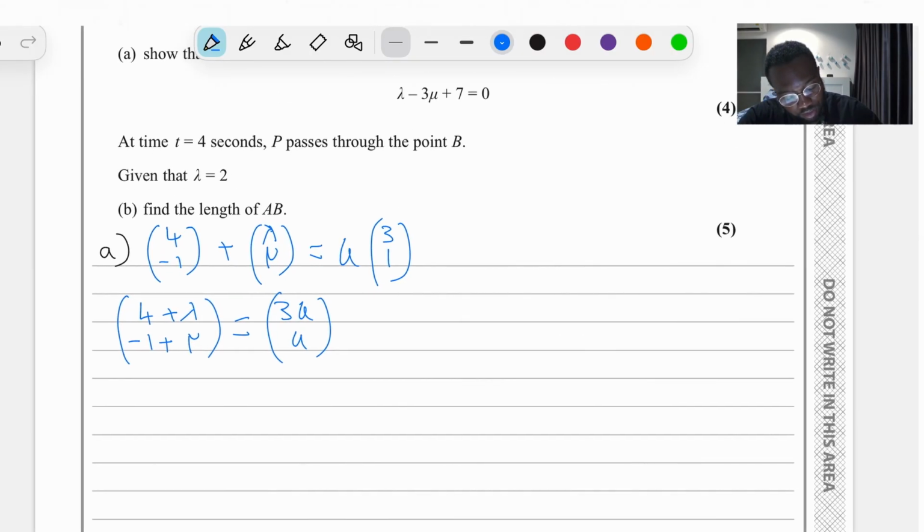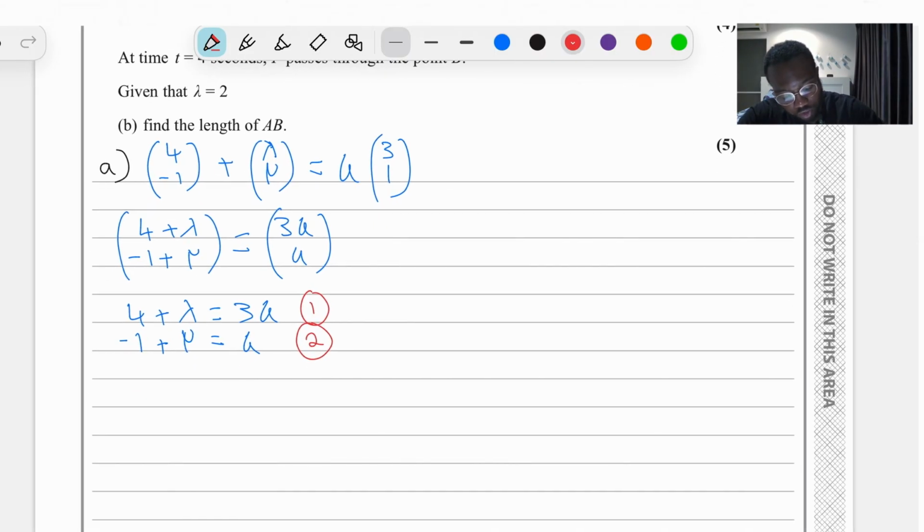And now, as you can see, we're going to have simultaneous equations. So we have 4 plus lambda is equal to 3k, and minus 1 plus mu is equal to k. If I call this equation 1 and this equation 2, with equation 2, let's multiply everything by 3. So we get minus 3 plus 3 mu equals 3k.